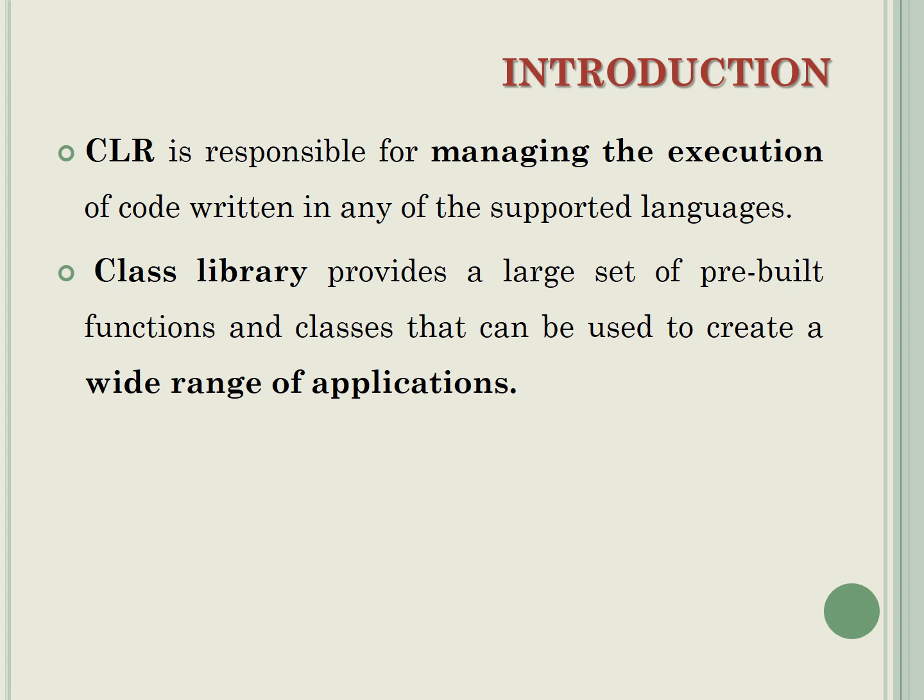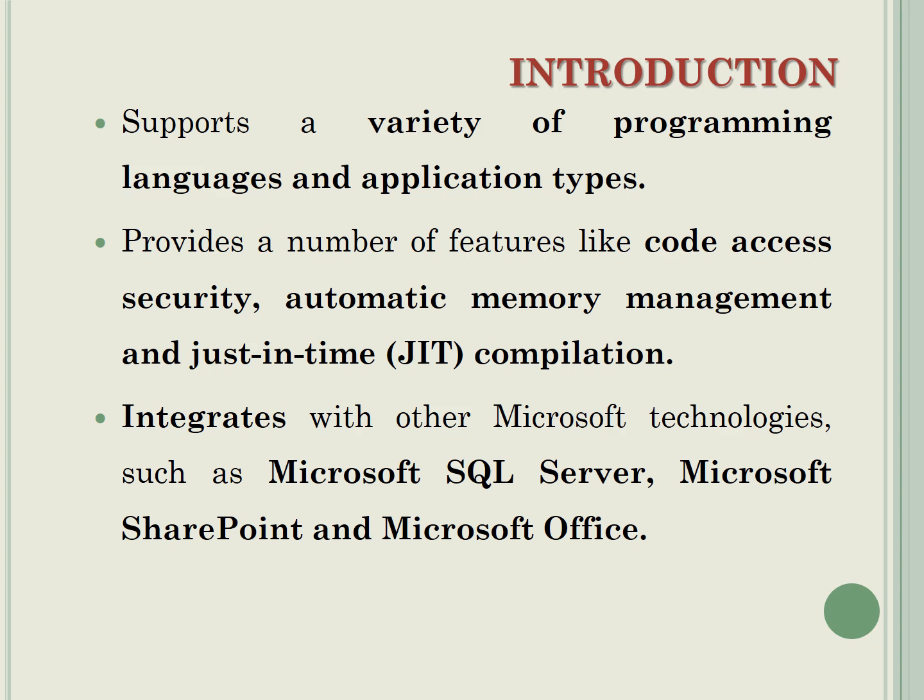Common Language Runtime, or you can say CLR in short, is responsible for managing the execution of code written in any of the supported languages, while the class library provides a large set of pre-built functions and classes that can be used to create a wide range of applications. It supports a variety of programming languages and application types.